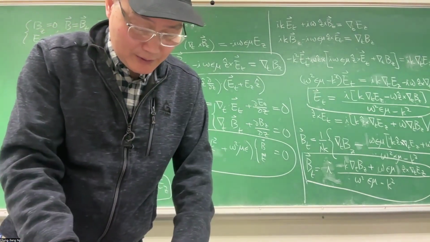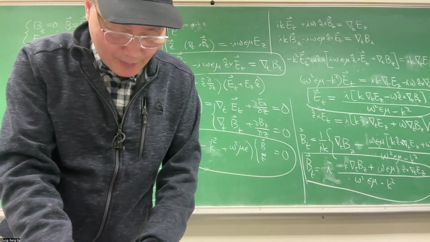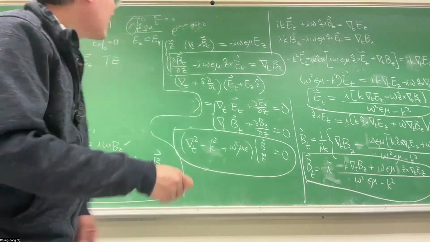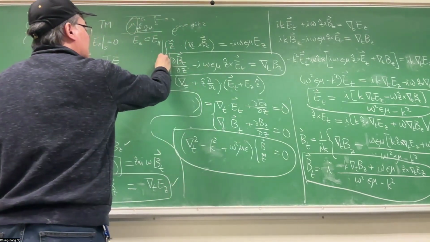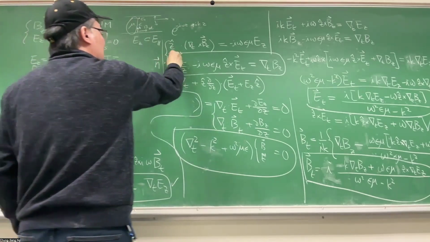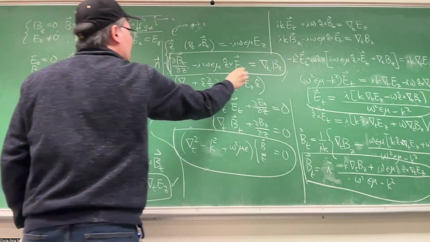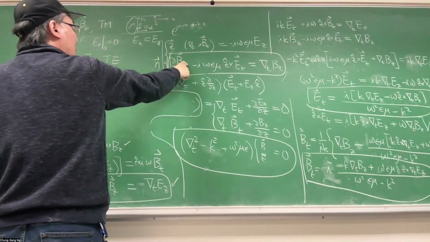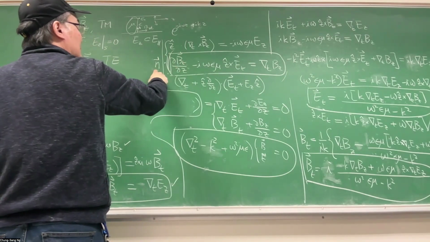H perpendicular or B perpendicular is 0. So you take n, the normal direction, dot into the whole equation, right?